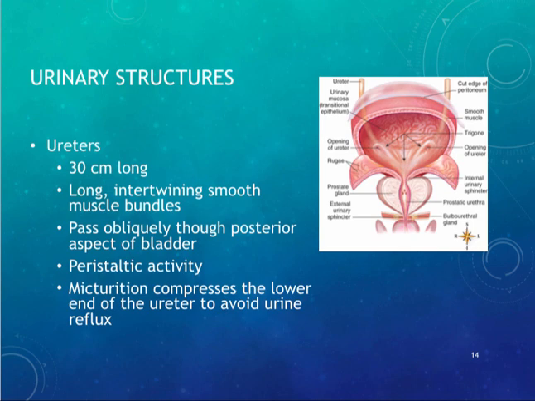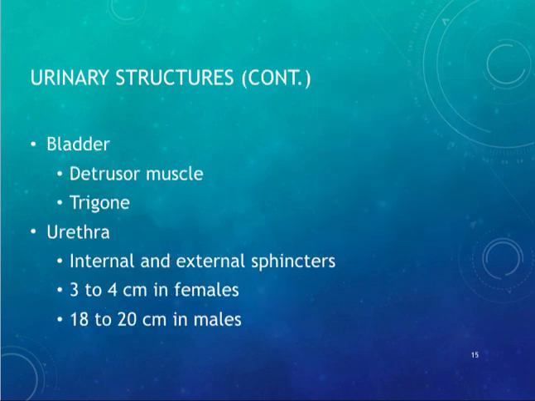Now, you have an internal and an external sphincter. Your internal sphincter is still under the control of your nervous system, so it's involuntary, whereas your external urinary sphincter is voluntarily controlled. So that's what inhibits urine flow, even if you have a full bladder.